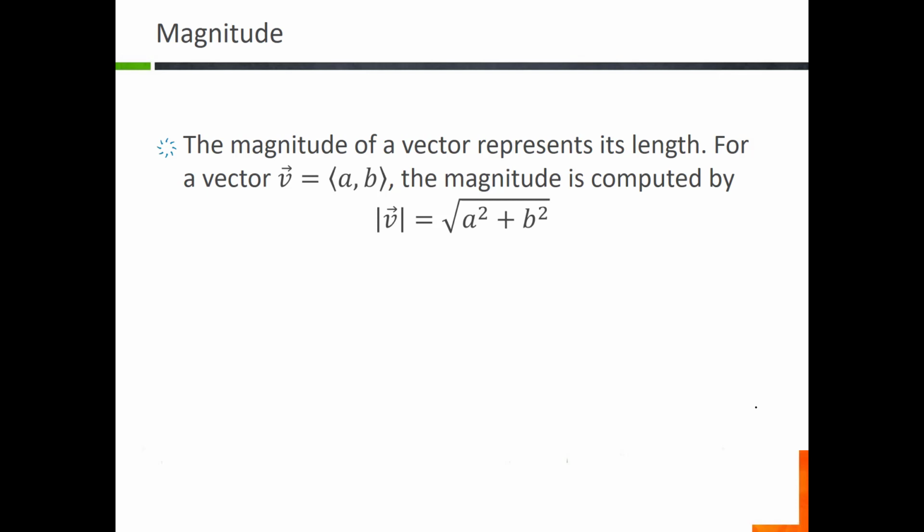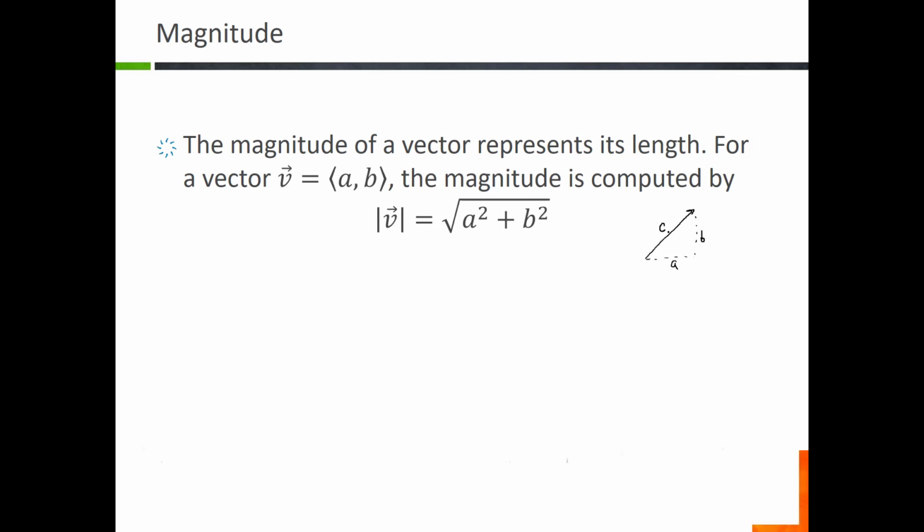That should make sense if you remember that when we drew the vector, we had the horizontal distance and the vertical distance. The horizontal was a and the vertical was b. We call c the hypotenuse of our little right triangle, and we know a squared plus b squared equals c squared. So if we wanted to find the length of the vector, it's just the Pythagorean theorem.